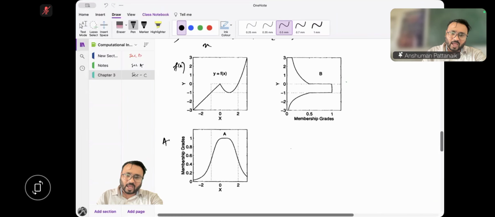This is mu of A of x. This is the center, this is 0. This is 1, this is 2, this is minus 2, and so on. And this is the membership function. This is f of x.